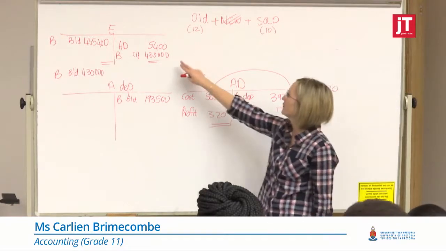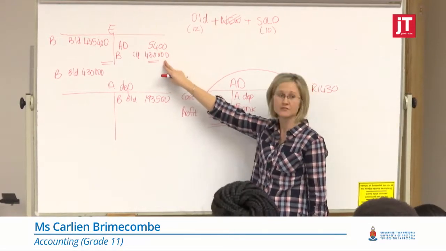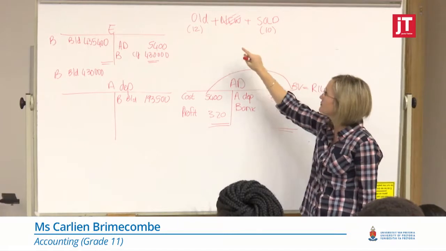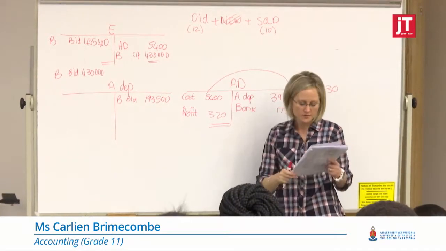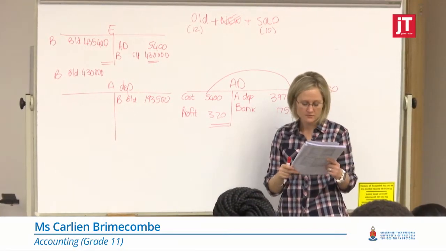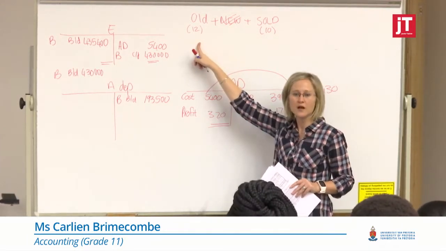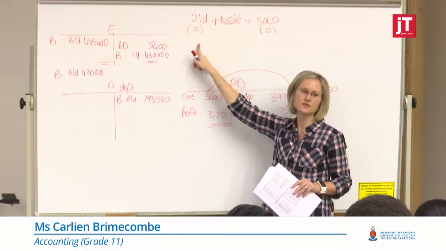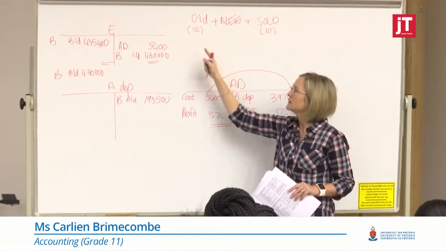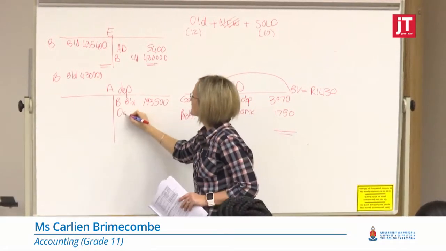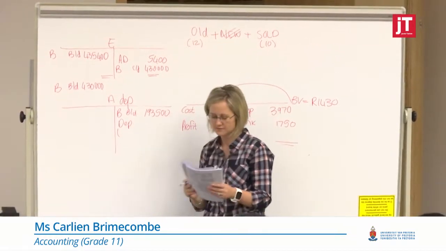So 430,000 times the percentage, 15%, times 12 over 12 equals 1. You don't have to type that in. So what is the depreciation on the old?